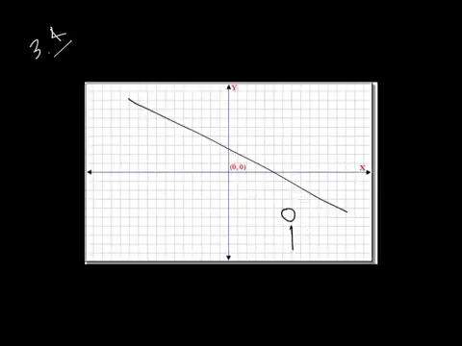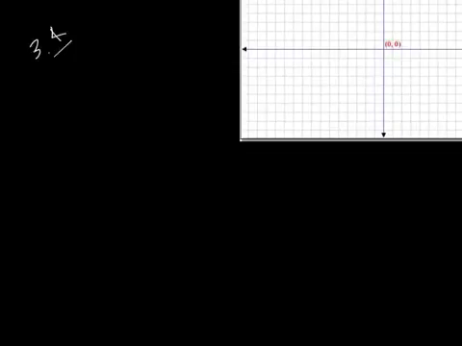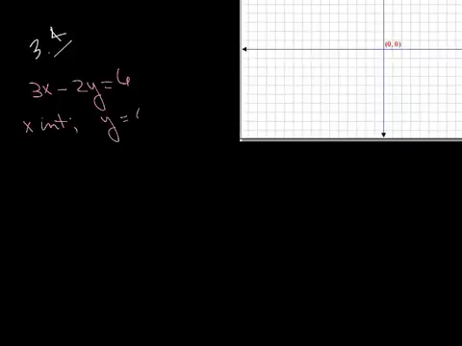Alright, so in this particular section, we're going to be graphing and coming up with the intercepts. So let's get rid of all of this stuff here so we can get started. Alright, so let's look at 3x minus 2y equals 6. We want to find out the x and the y-intercepts. So if we want to find out the x-intercept, remember, y has to equal 0.